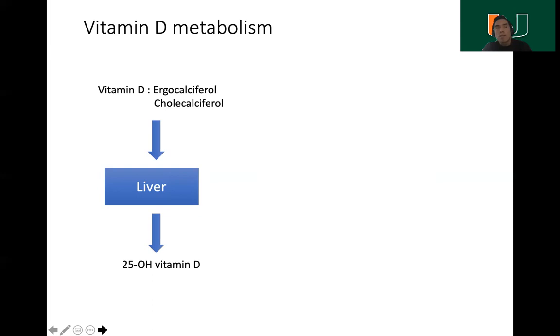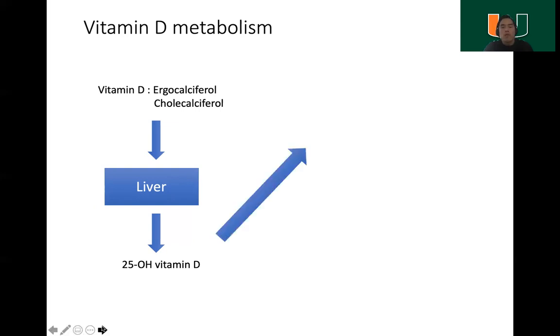Because this is the most stable form of vitamin D. Calcitriol fluctuates, and the level of plain vitamin D also fluctuates, but 25 hydroxyvitamin D is the most stable and is the best indicator of vitamin D storage. This is the reason why when we order a vitamin D level, we use 25 hydroxyvitamin D.